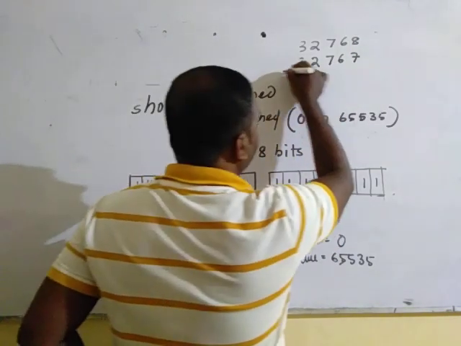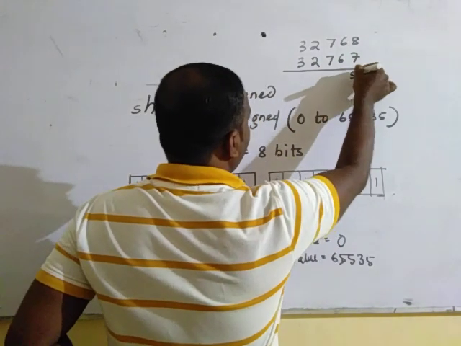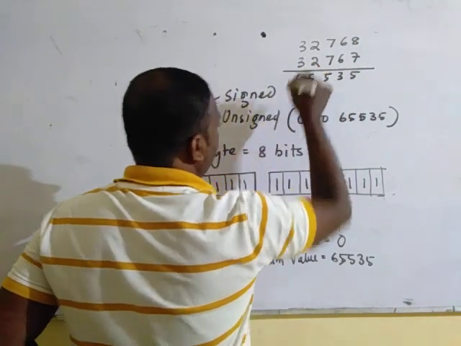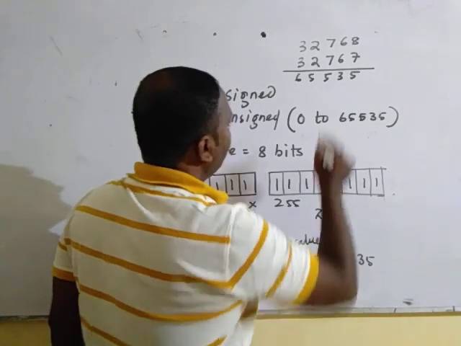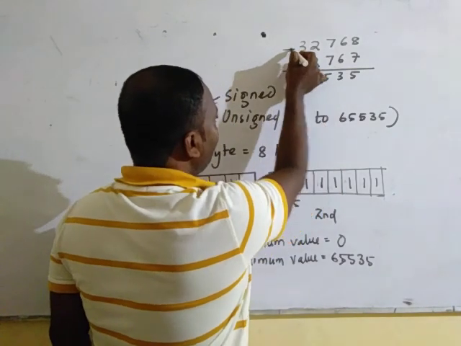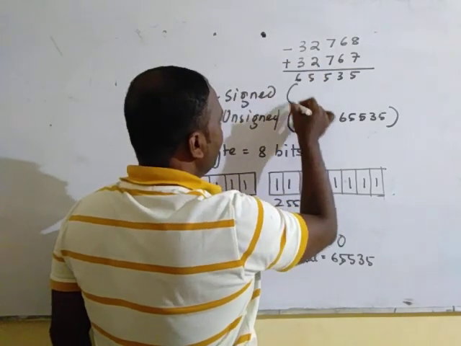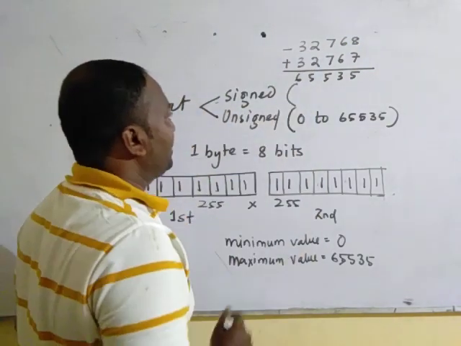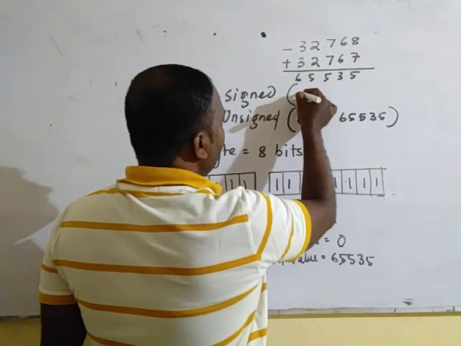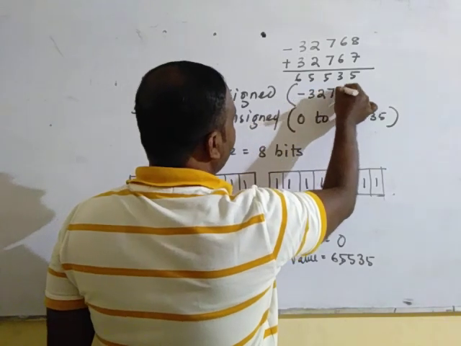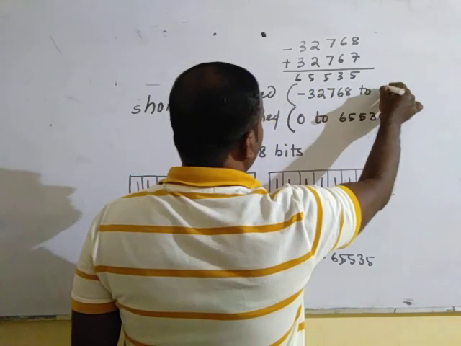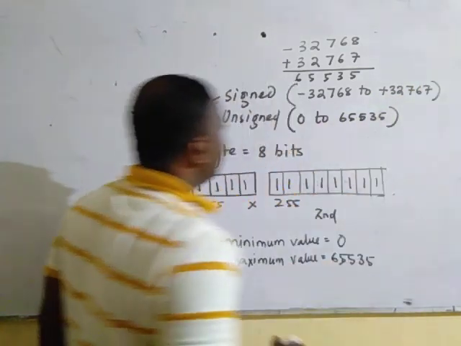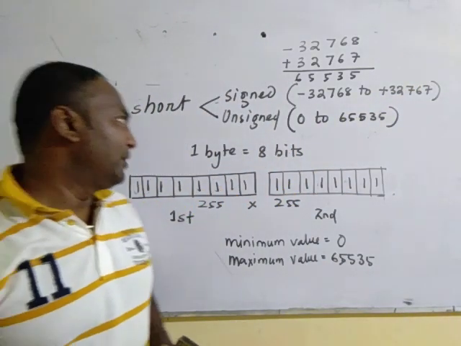So this is for the negative values and this is for the positive values. Half of them has been given to the negative values and half of them is given to the positive values. That is minus 32,768 to plus 32,767. So this is the range of signed short value.